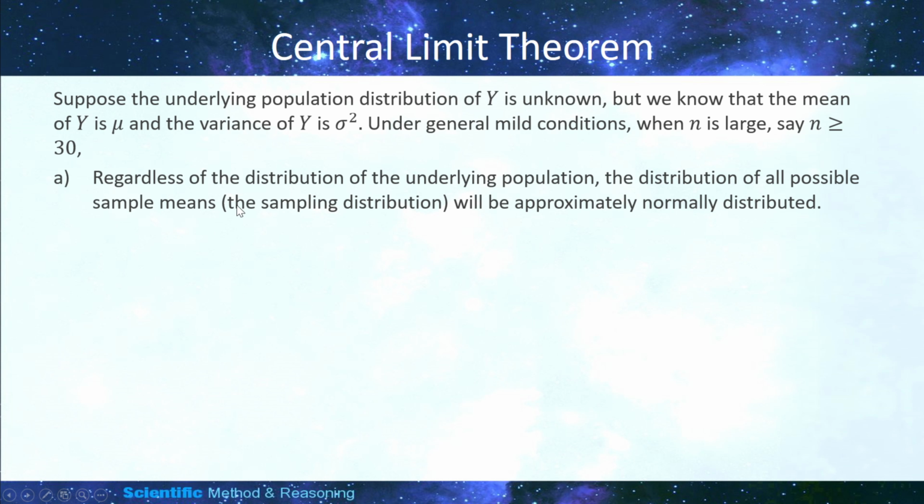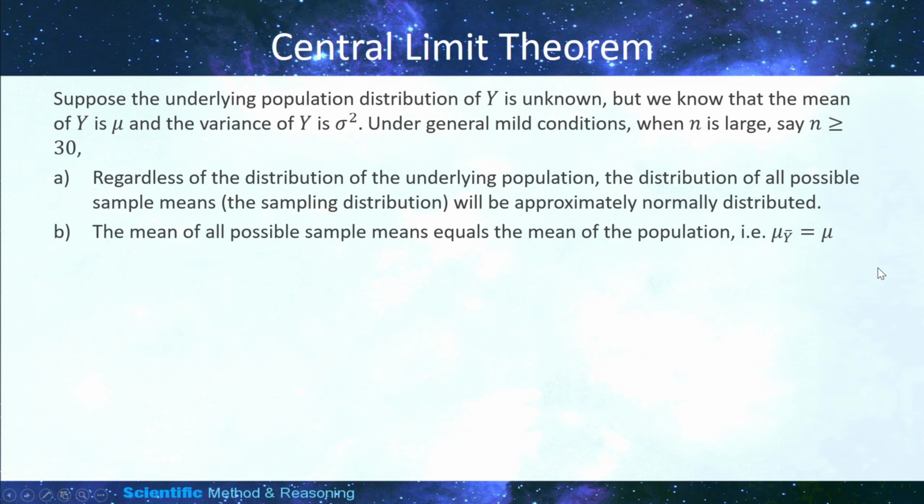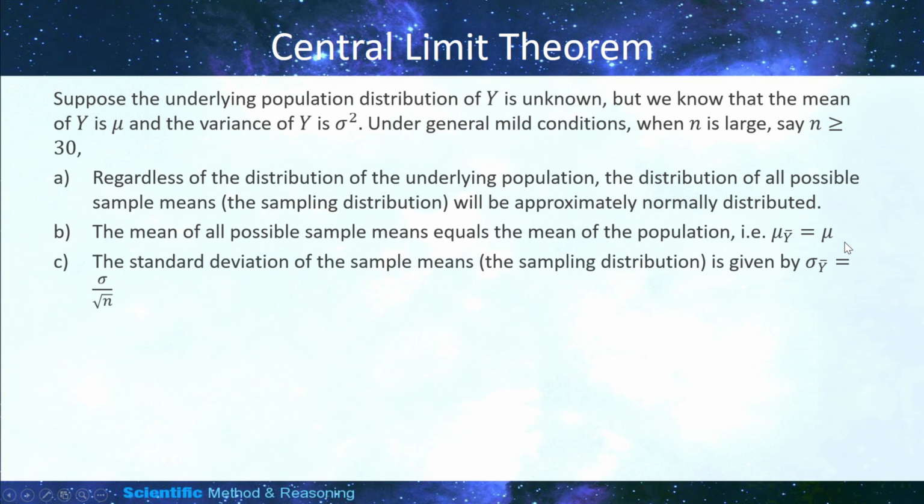That means the sampling distribution of the sample mean can be approximated by a normal distribution with mean mu and variance sigma squared over n, or the standard deviation of the sample means being sigma over root n.